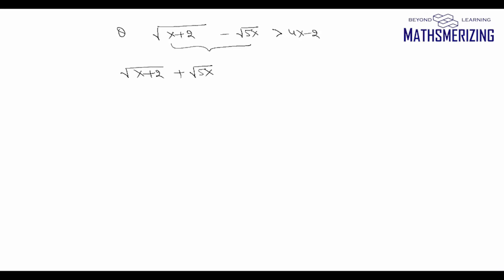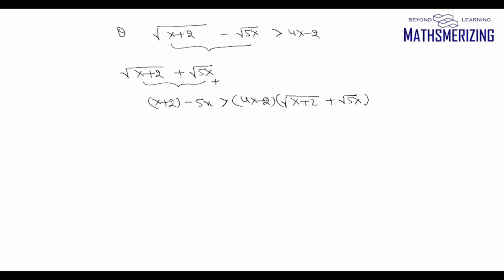Because this expression contains two positive square roots, it is always positive, so the sign of the inequality doesn't change. If I multiply it, I'll get x plus 2 minus 5x, and this is greater than 4x minus 2 into under root of x plus 2 plus under root of 5x.